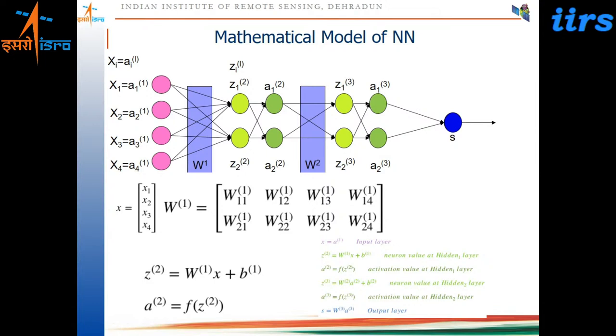In this case, the input layer is given as X, and then you will have two other supplementary computation steps which need to be carried out. The first hidden layer, Z1, takes the input from all the input nodes. It takes the input values A1, A2, A3, A4, which are nothing but X1, X2, X3 and X4.